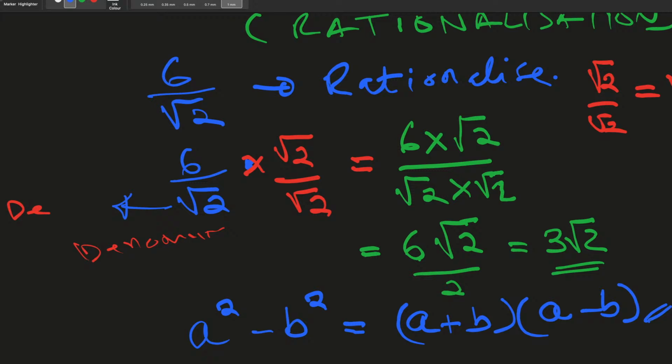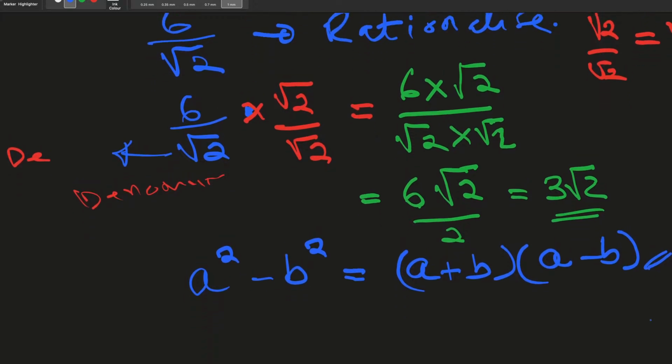We are going to use this equation most often when we're doing our rationalization, because when you expand the right hand one, you are going to get this. So this equation is going to be vital for us when we are doing rationalization.